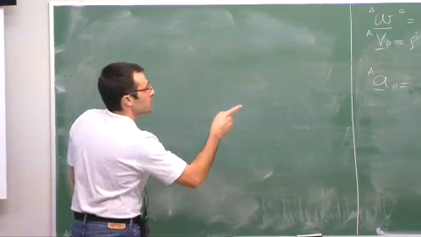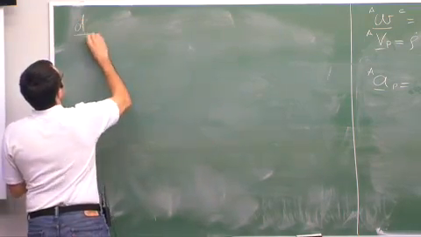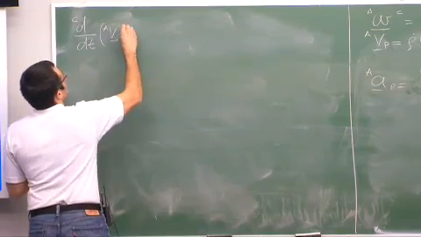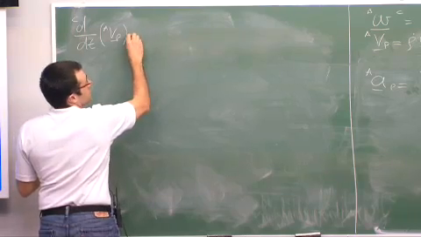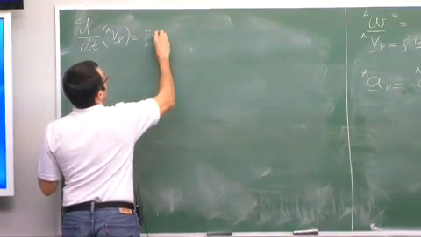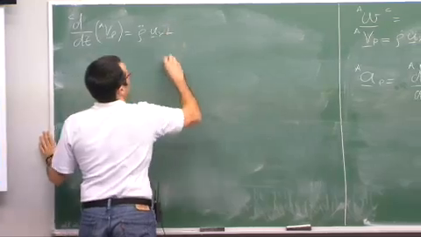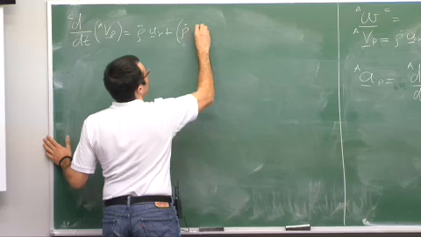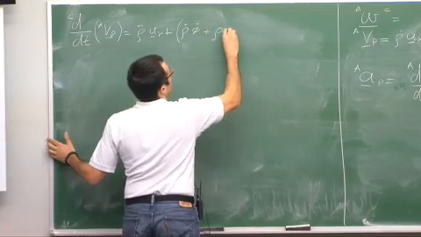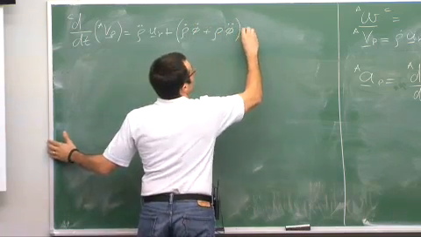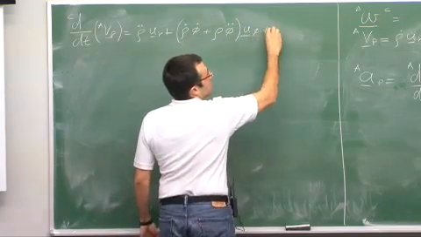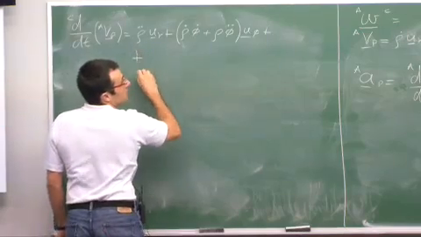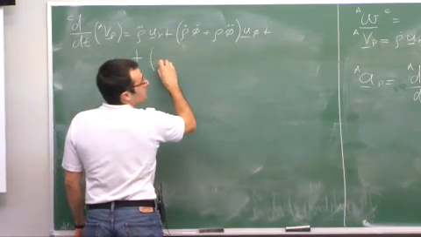Okay, so first term to compute is dt in C of Vp seen in A. That's going to be rho double dot ur plus rho dot phi dot plus rho phi double dot u phi plus, and this is going to be interesting. Okay, let's do it one by one.